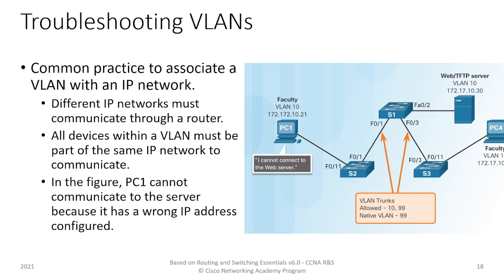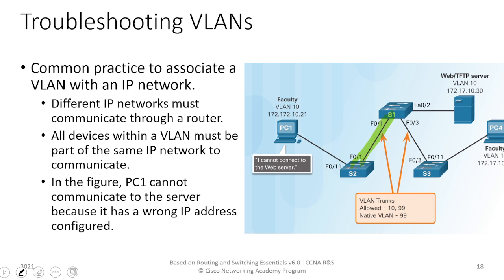Say, for example, if we take the trunk between switch 1 and 2, when we think about communication between PC1 and the web server, this trunk should be able to carry traffic belonging to VLAN 10.